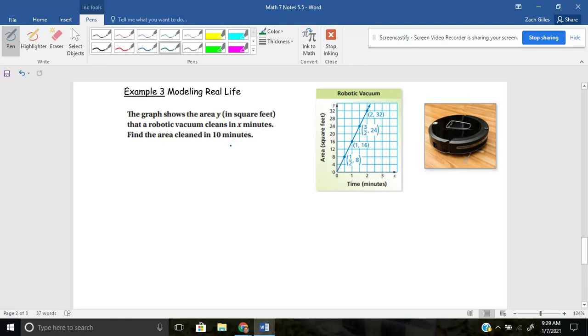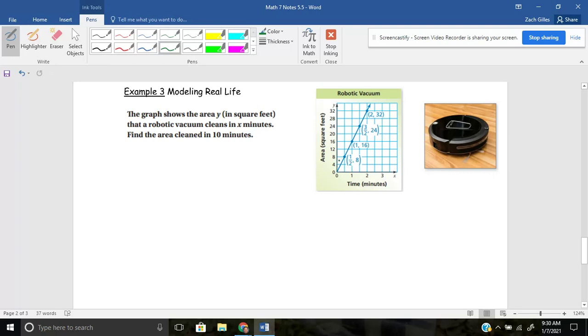Okay. Well, let's look at my graph. It shows me minutes. I've got 1 minute, 2 minutes, 3 minutes. It doesn't go all the way to 10 minutes. So how can I figure that out? Well, it looks like this line passes through the origin, and it looks like for every half minute I go over, I increase my area by 8.